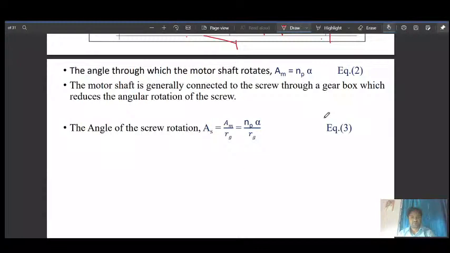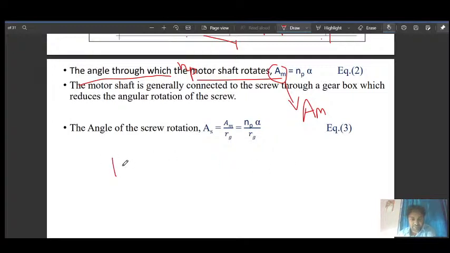Next is the angle through which the motor shaft rotates, like I was saying, AM. If AM is the motor shaft rotation, we can get AM if we supply Np pulses. As you can see, one pulse causes an alpha angle rotation, since we have the step angle alpha.